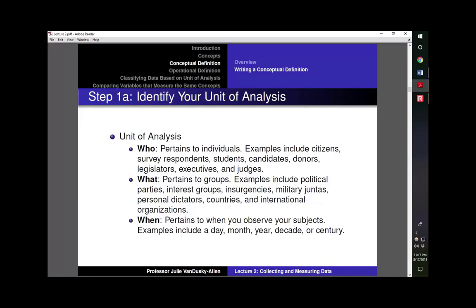It could be individuals such as survey respondents, students, candidates, legislators, or judges. The what of a unit of analysis could include a lot of different types of entities. It could be political parties, countries, or international organizations. The when of a unit of analysis tells us when the who or what existed in time. It could be days, months, years, or even centuries.